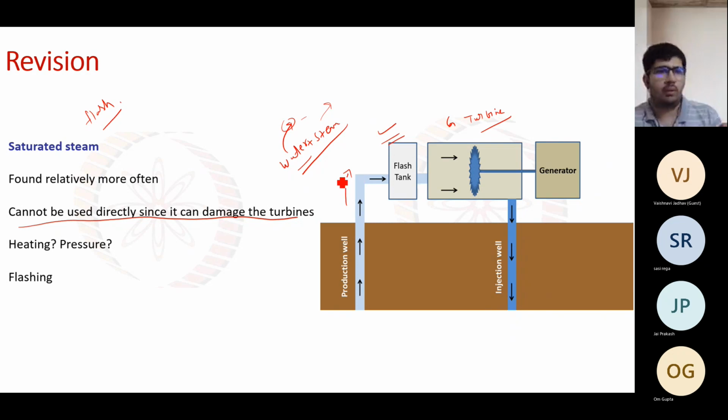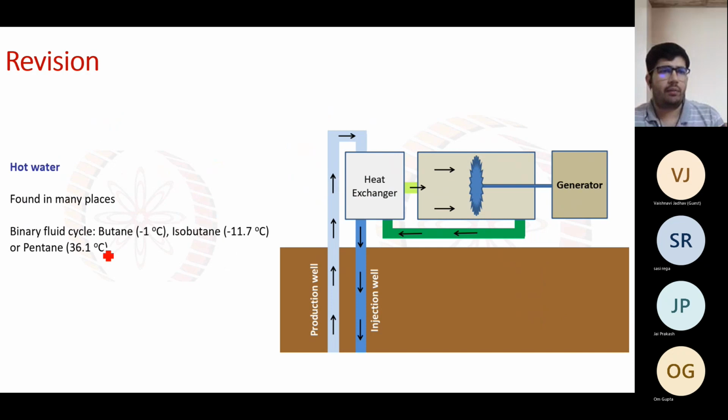Now for hot water, in the binary fluid we are using butane, isobutane, or pentane. So this is a fluid we can use. You can see the production well, the water flows into the heat exchanger. In the heat exchanger, the binary fluid is there.